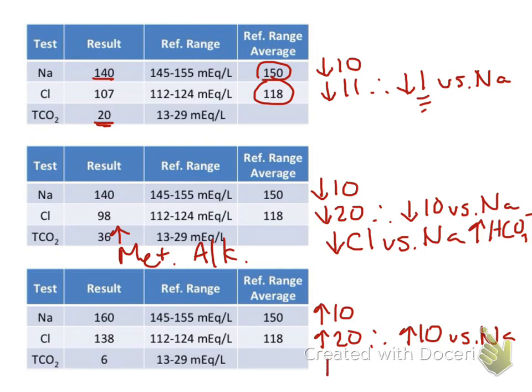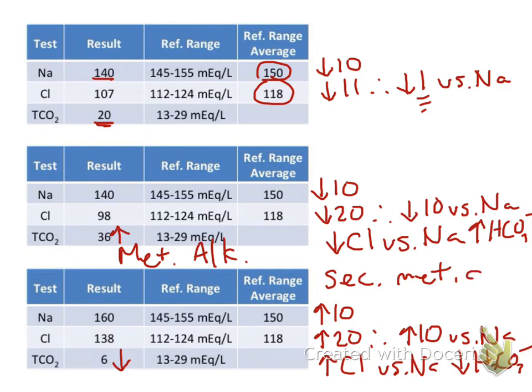So there is an increased chloride relative to sodium. This means that bicarbonate has been lost from the body. And this is also reflected in the low TCO2 results. So therefore, there is a secretional metabolic acidosis.